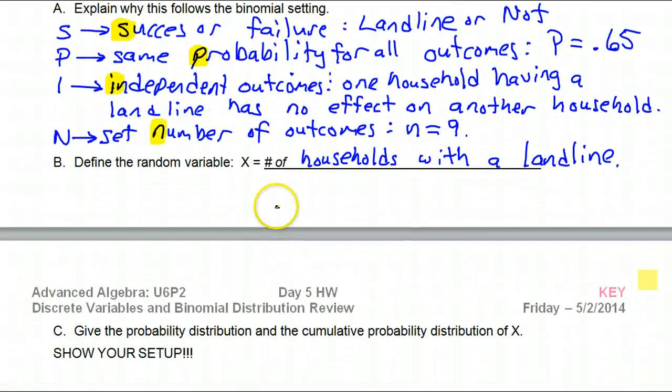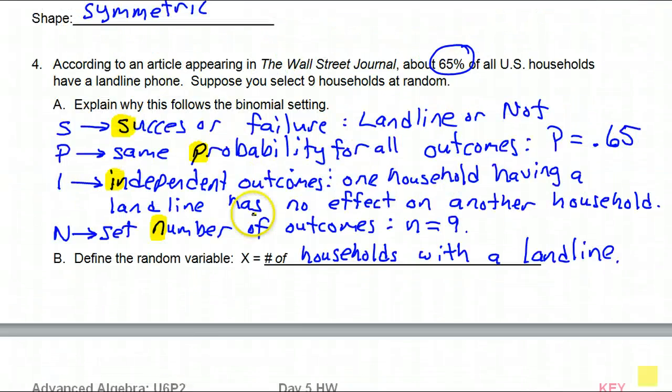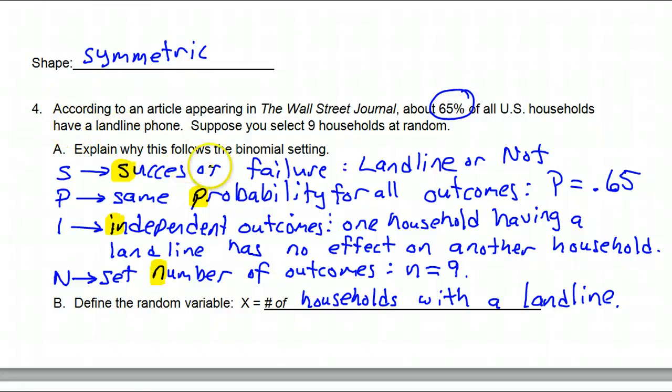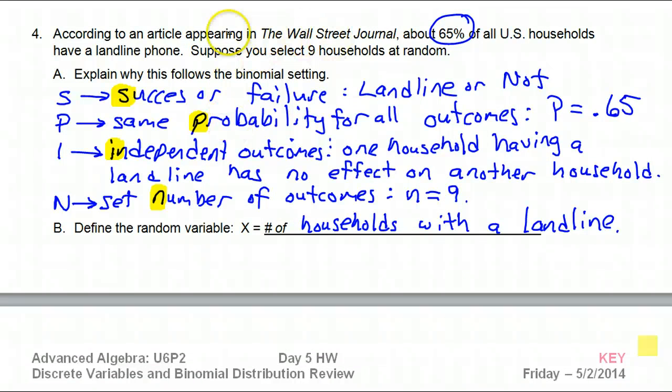Alright, so let's move on to part C. Notice, even though this is flipping to the back of the page, this is still all part of problem number 4. We have decided that this is the binomial setting.